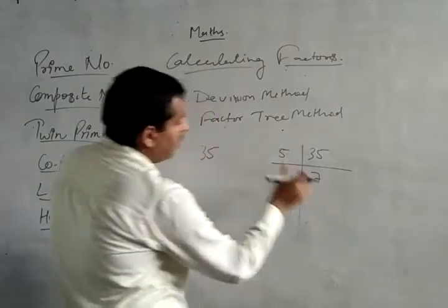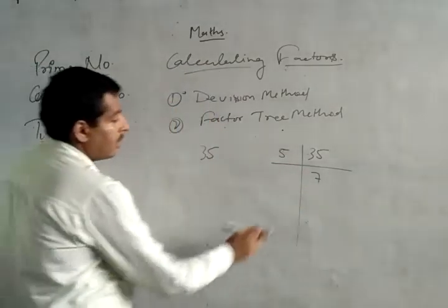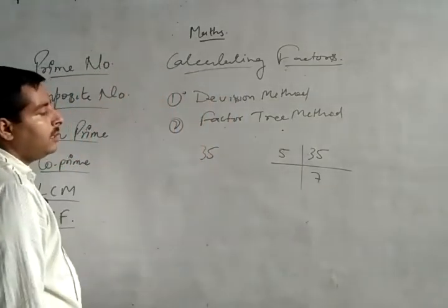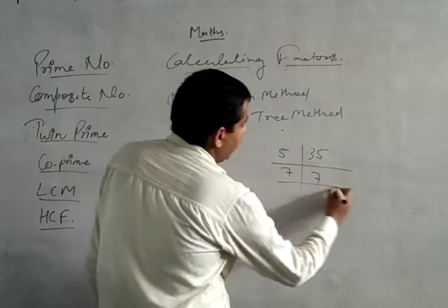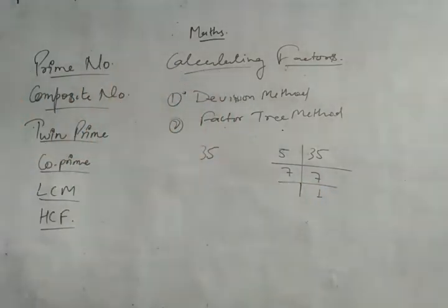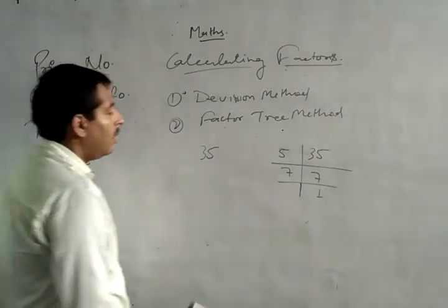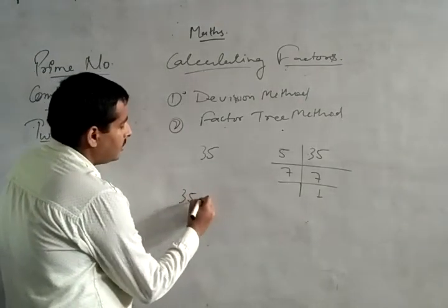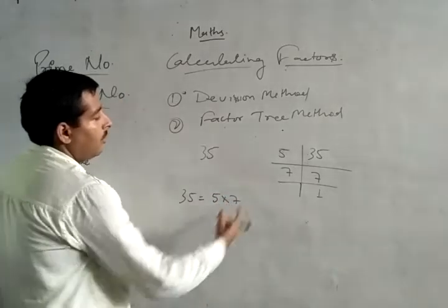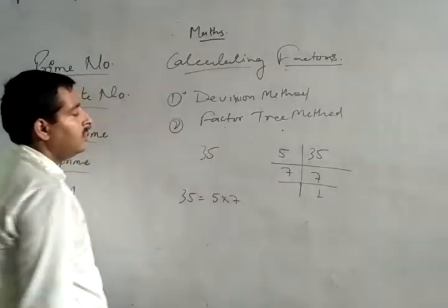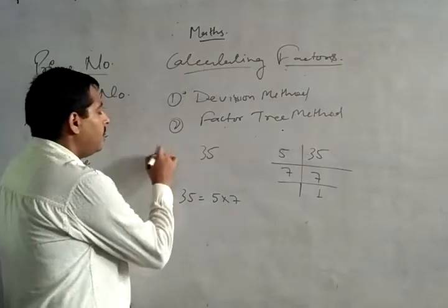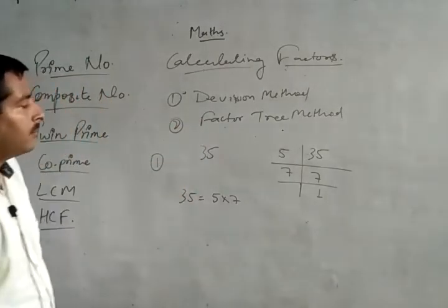And 7 is a prime number, meaning it doesn't get divided by any other number. 7 times 1 is 7. Now the factors of 35 will be written as 35 is equal to 5 into 7. We will write these numbers in multiplication. This is the first method, and it is called the division method.